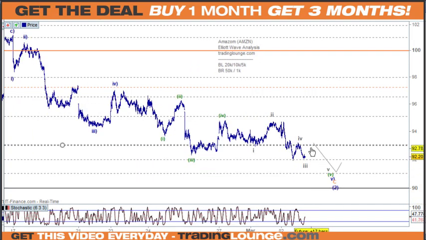But shorting something into group 1 is not always a great idea, and the reason for that is that it's about controlling your exposure within the market. As you can see, it bounces from number 2 here back to number 3 here, and then it'll be doing the same in all of these numbers.